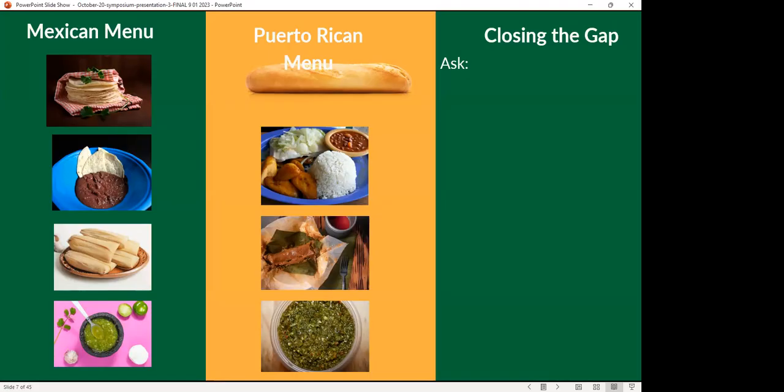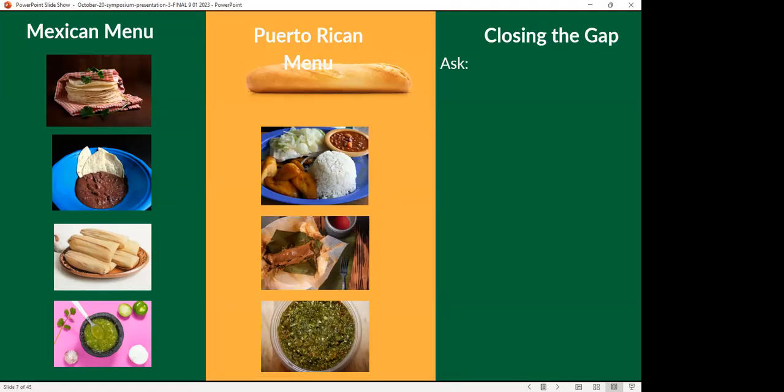Mexicans eat salsa that may be made with tomatillos and onions, and Puerto Ricans do not eat salsa. They season their foods with garlic and onions and cilantro and peppers, and it is not spicy. Puerto Ricans do not eat spicy food. They eat well-seasoned foods, but not spicy.